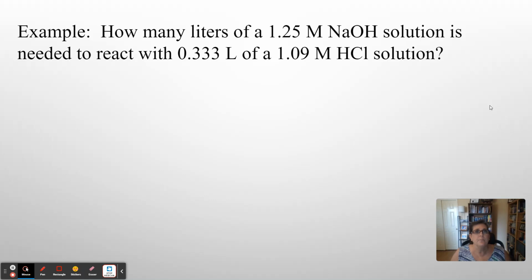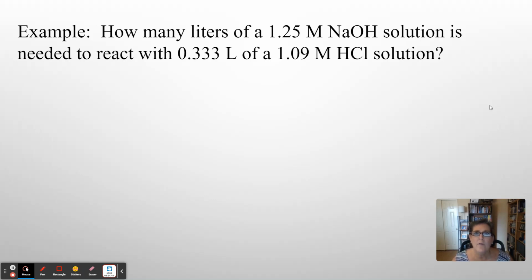Here's our problem. How many liters of a 1.25 molar sodium hydroxide solution is needed to react with 0.333 liters of a 1.09 molar hydrochloric acid solution? I know this looks overwhelming, but let's think, what are we given here?